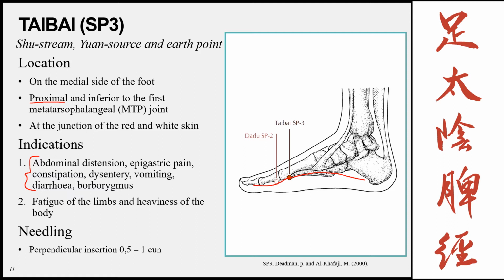And if there is accumulation of dampness in the body, one of the signs will be heaviness of the body. If you think of any type of container, it is always heavier when it's full of water compared to when it only has a little bit of water in it or is empty. That's why this point can be used for heaviness of the body due to dampness from an underlying deficiency of the spleen. Our insertion for this point is perpendicular, 0.5 to 1 cun.